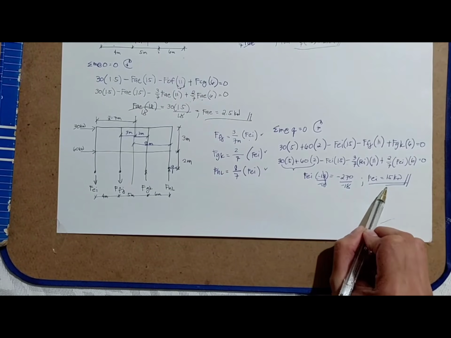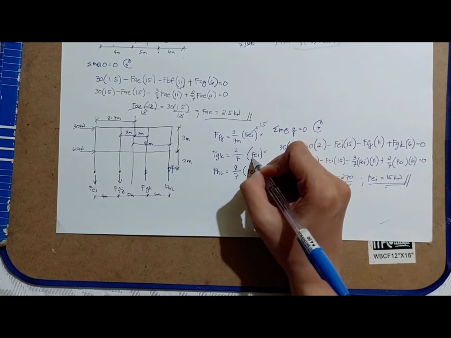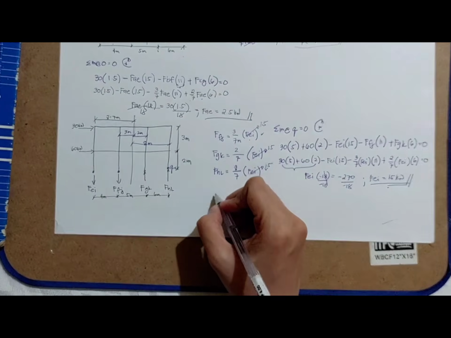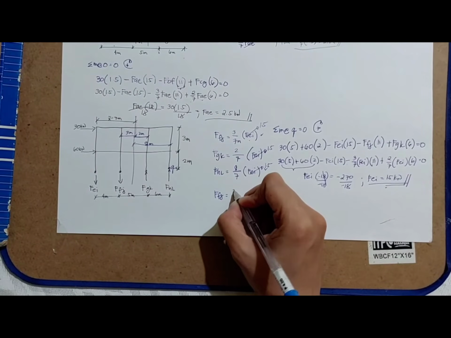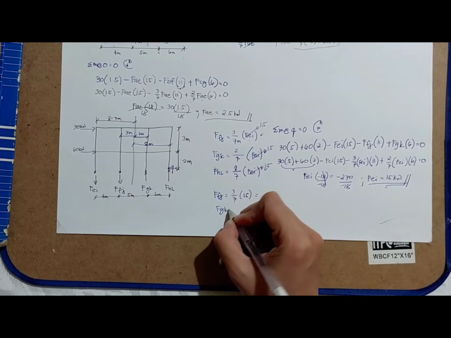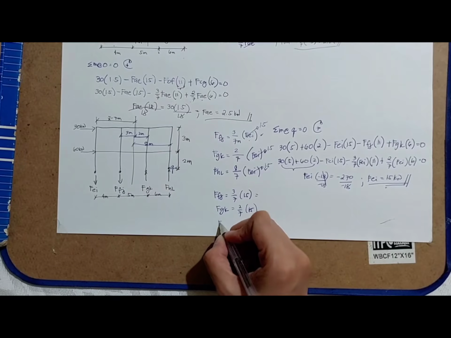So, ito, i-substitute natin dito. So, that is 15. This is also 15. And 15. So, FFJ is equal to 3 all over 7 multiplied by 15. FGK is equal to 2 all over 7 15.